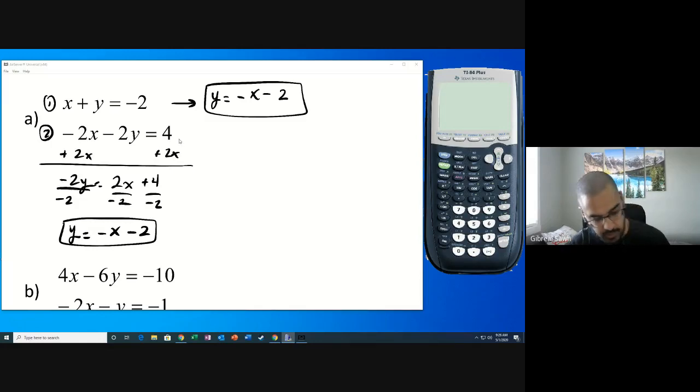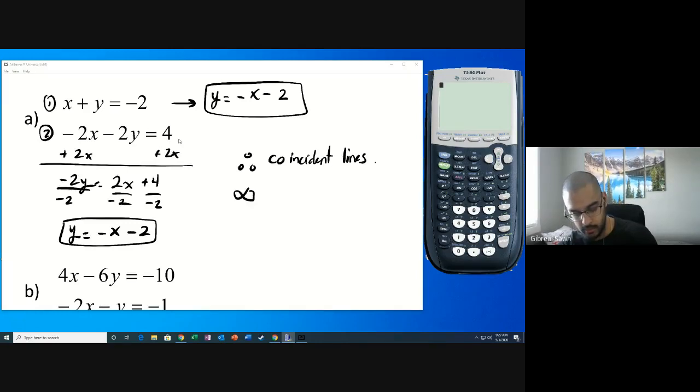Now, if those lines are the same, so therefore, these are coincident lines. There is an infinite number of solutions.